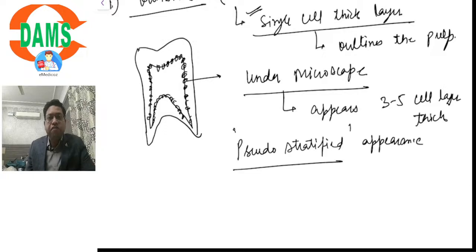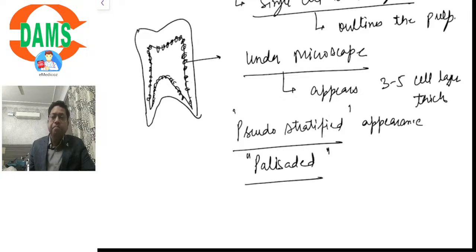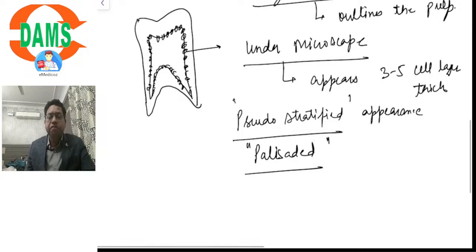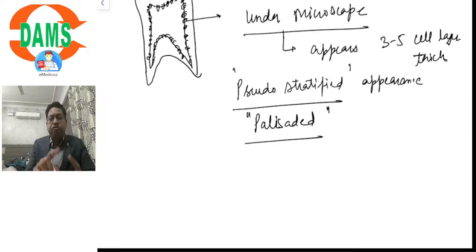Pseudo means false, so falsely it is divided into 3 or 5 strata under the microscope. This is also called palisaded appearance of the odontoblast layer, a laminated appearance. But you have to remember that it is actually a single layer of cells that outlines the pulp.